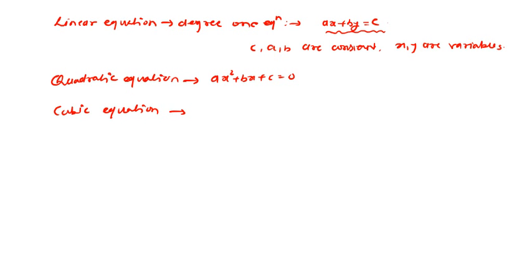In general we write this as ax cube plus bx square plus cx plus d is equal to 0. So the degree of the first equation is 1, of the second is 2, and of the third is 3, so that we can find the degree of an equation.